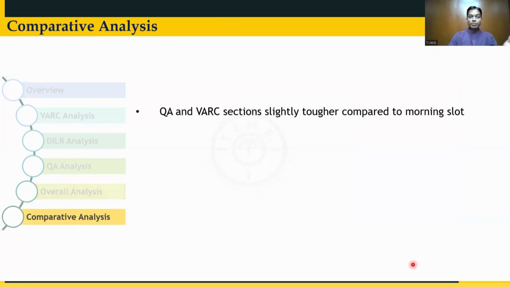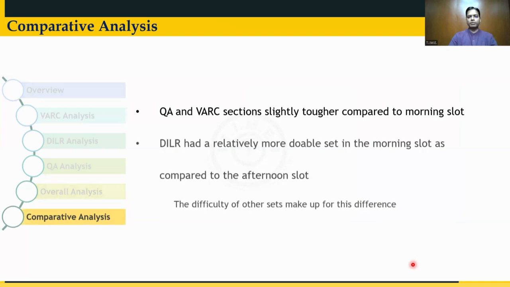If you were to compare this with slot 1, we have seen that the QA and VRC sections are just a notch tougher than the morning slot. This is the feedback we received from students. When we look at it in more detail, it could change a little, but on the face of it, QA and RC seem to be slightly tougher.